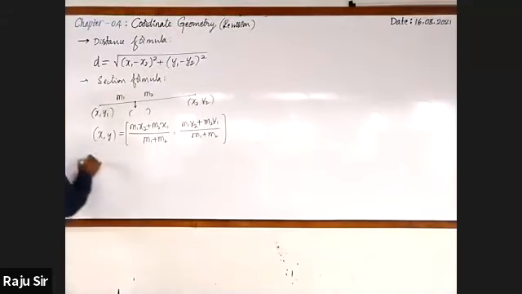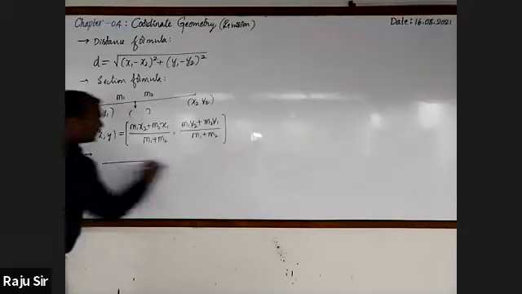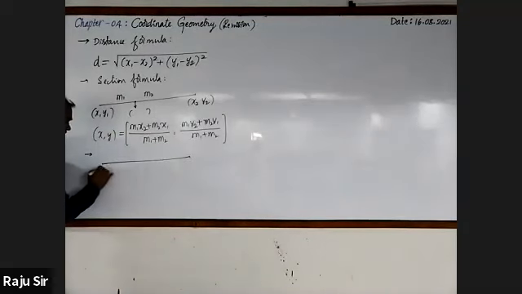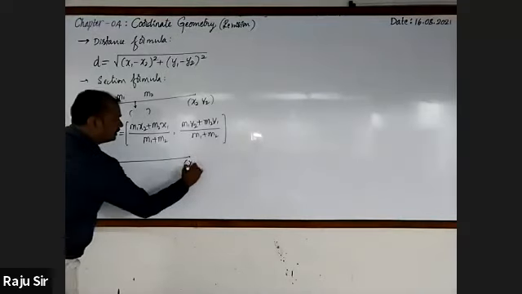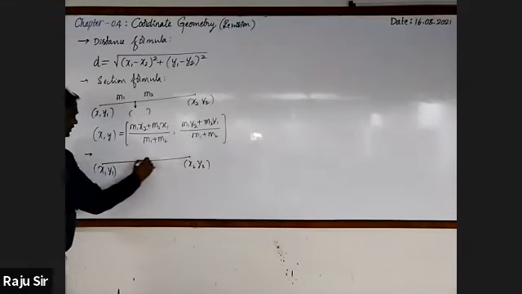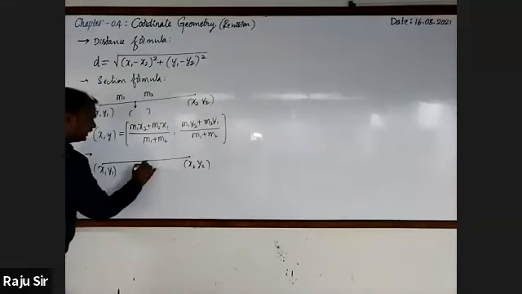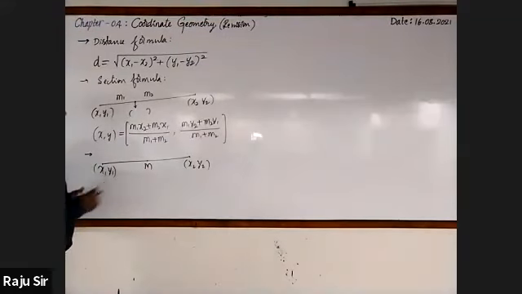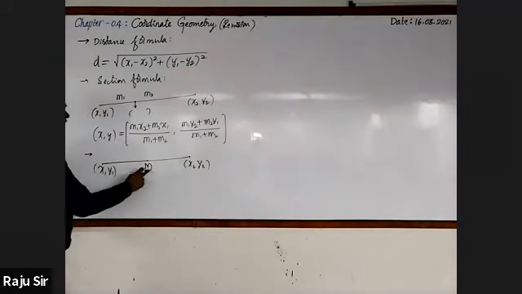Then if the point, or else I'll take 2 points again, x1, y1 and x2, y2. Whatever the point which divides the given line is exactly in between the 2 points, then what do you call this point? It is the midpoint.